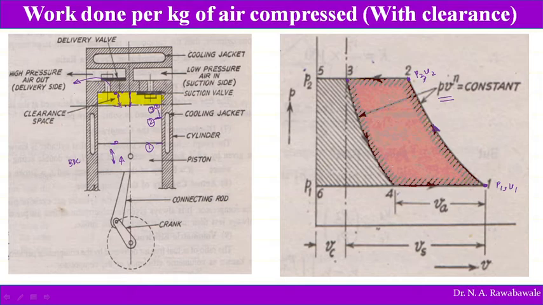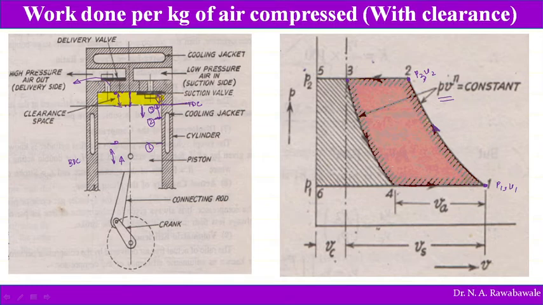As the piston reaches the top dead center, TDC, there is a clearance, which means some part of the air is going to remain, and then the piston starts to move in the downward direction. So initially it starts from 1, compresses up to point 2, and discharges air from point 2 to 3.